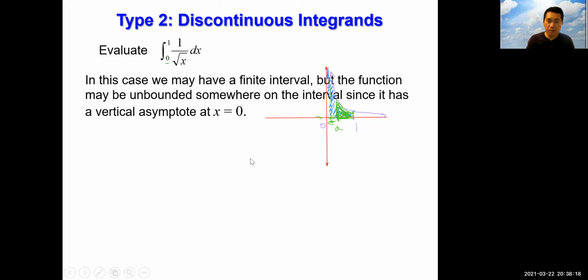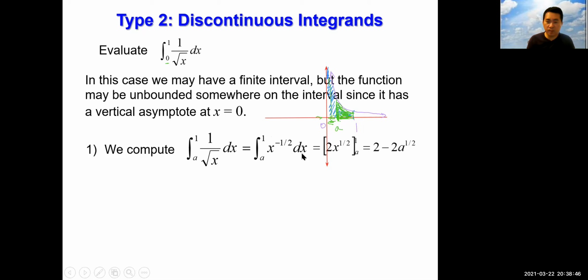Okay, with that said, step 1, we compute this integral from a to 1, with arbitrary a, so we can handle this. We write the integrand as x to the -1/2 power, then apply the power rule.